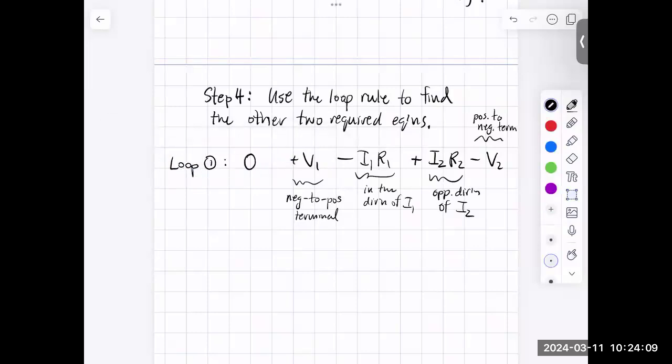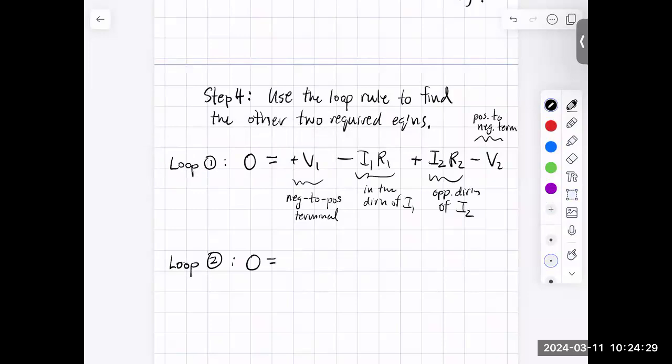So 0 is equal to all of that stuff. All right, so that's one of our loop equations. Let's just do all of them so that we can get some practice. And it'll also lead to some useful insights, I hope.